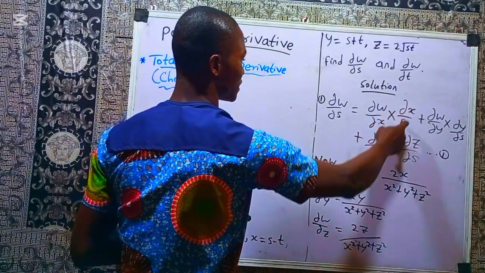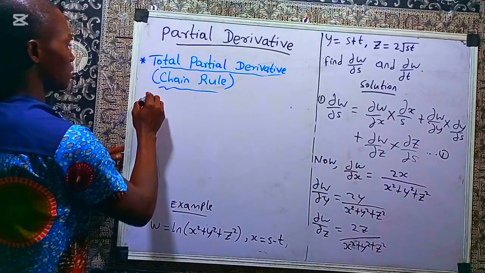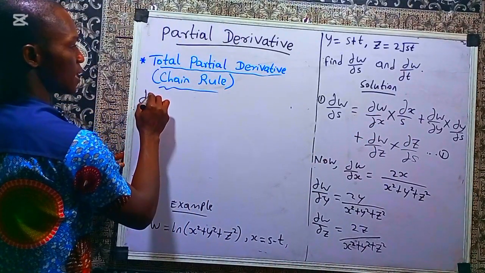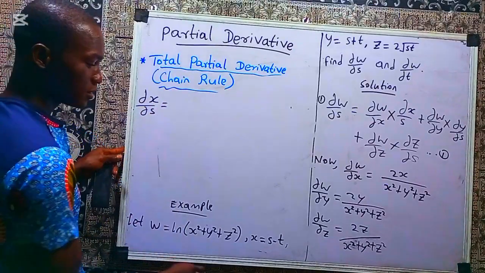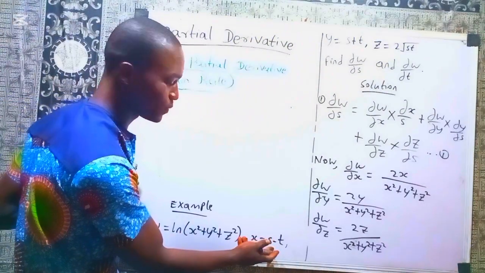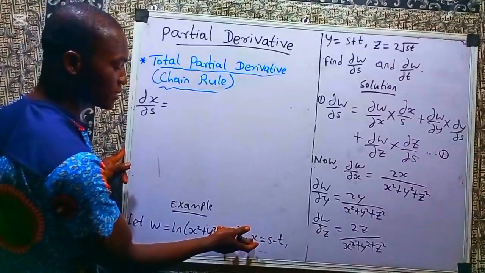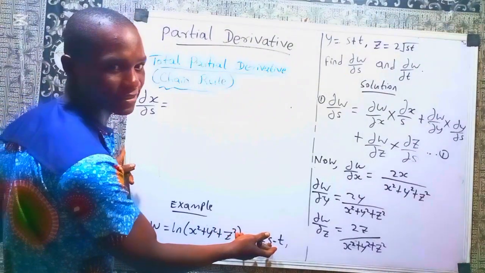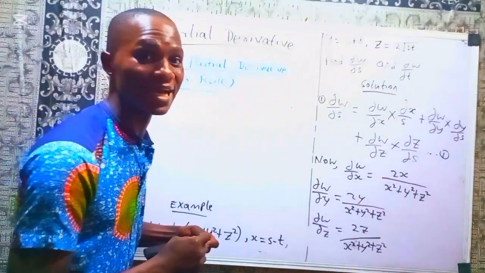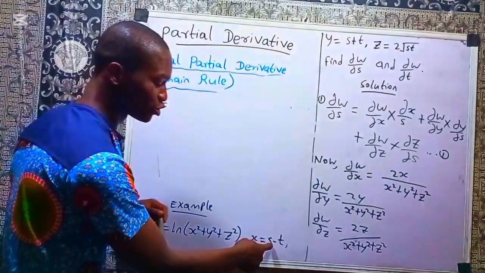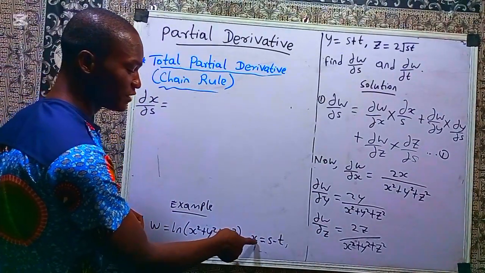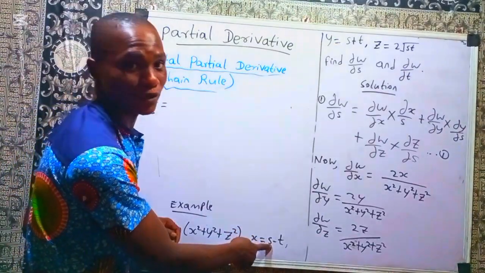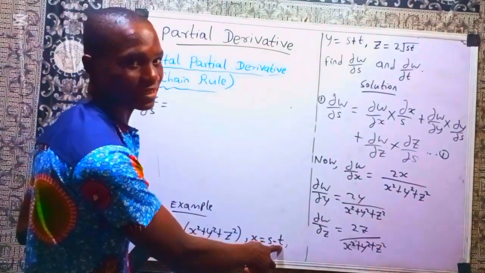So what is partial x partial s? Partial x partial s will be equal to what? See your x here, differentiate it with respect to s. You are now treating t as a constant, because x is a function of s and t. So you want to perform partial derivative of x with respect to s alone. So this t, you are treating it as a number, as a constant.